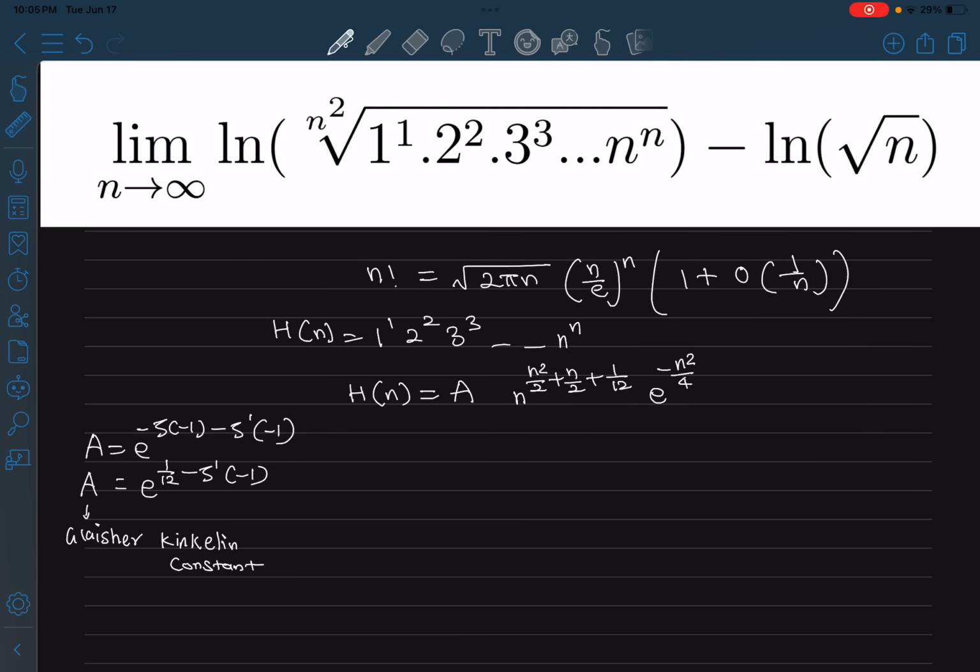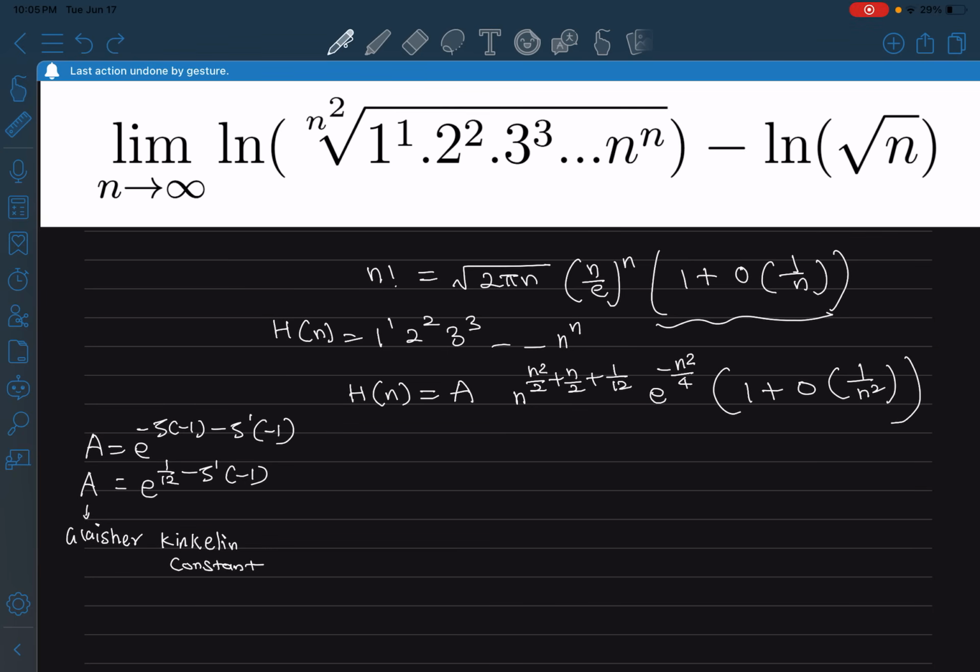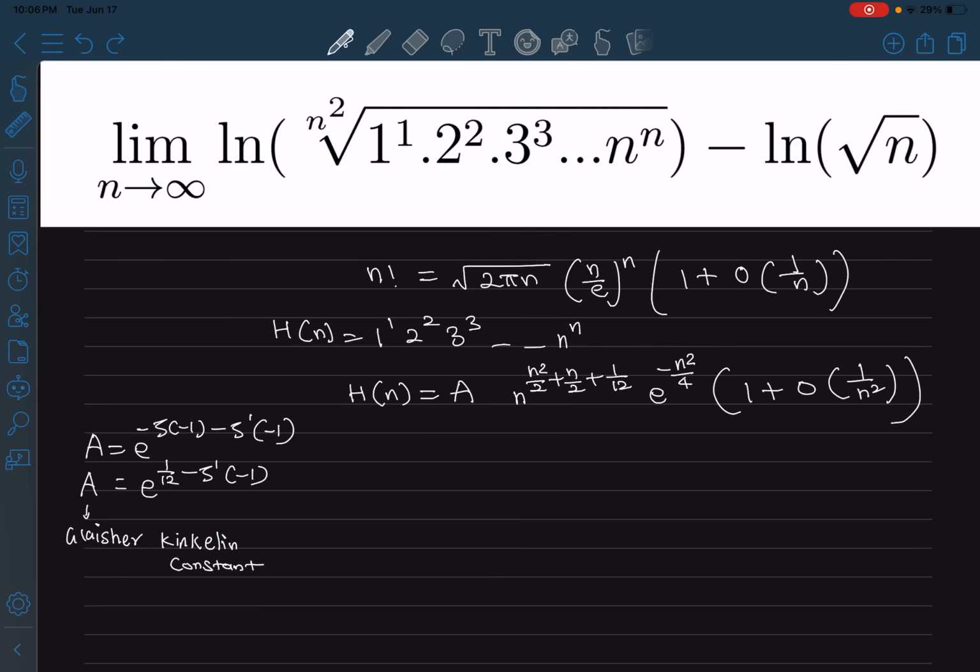Also there's this 1 plus order of 1 by n squared term, right? But as n goes to infinity, this just goes to 1, so we can just replace it with 1. So these are the asymptotic formulas, and this becomes really helpful in solving this problem.